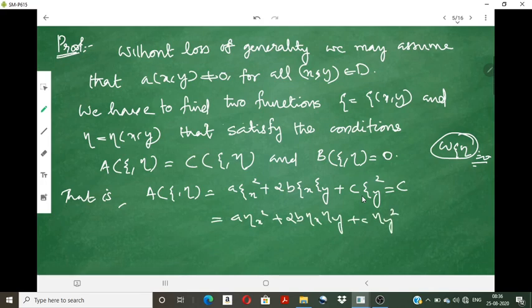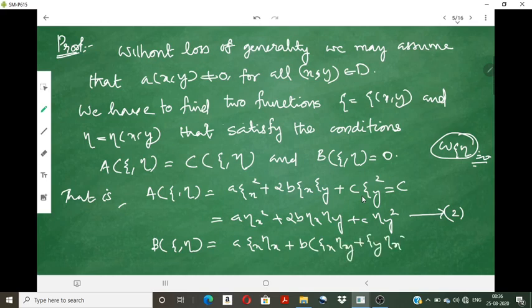Let this be equation number 2. And B of theta eta, A theta x eta x plus B theta x eta y plus theta y eta x plus C theta y eta y, equals 0. Let this be equation number 3.